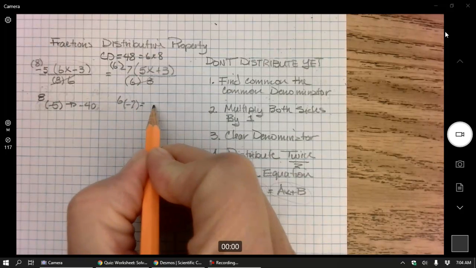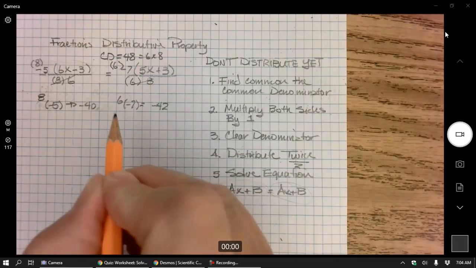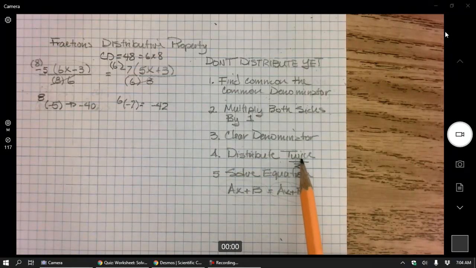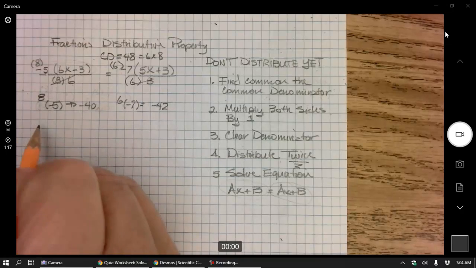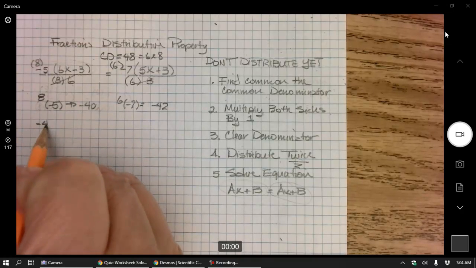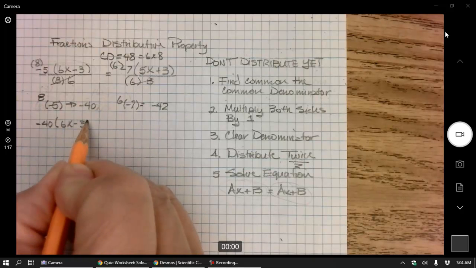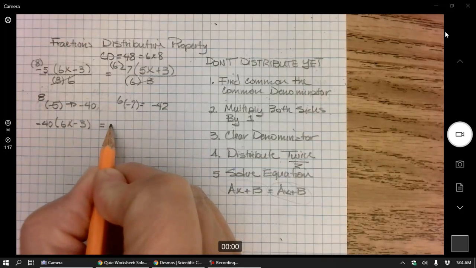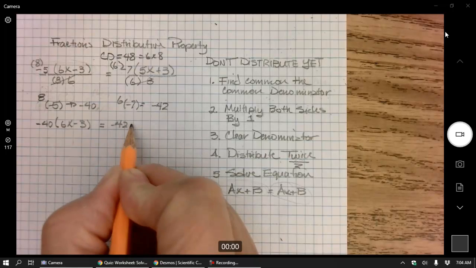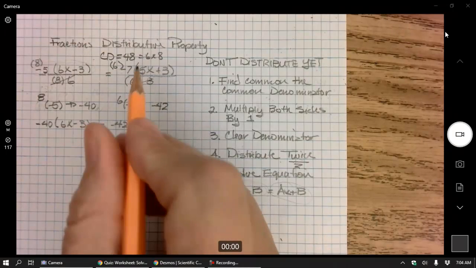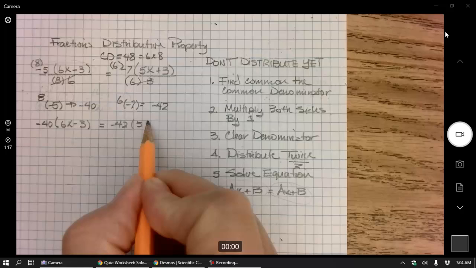And that's going to give me a negative 42. So there's where we distribute once. And now we have to do it again, and this is what it's going to look like. I have 40, 6x minus 3 equals a negative 42 times 5x plus 3.